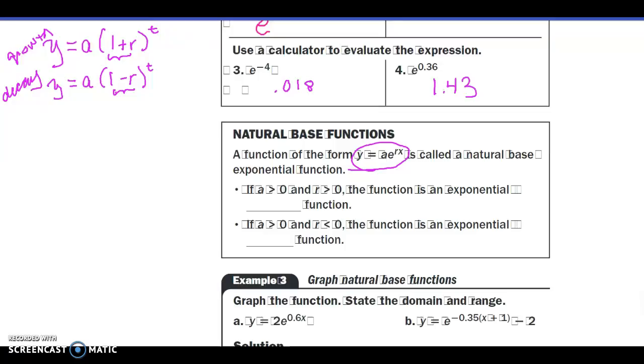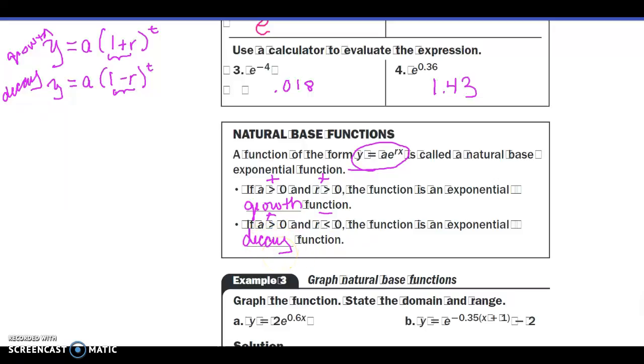So now it says if a is greater than 0, that's just a way of saying if a is positive, and r is greater than 0, if r is positive, then the function is an exponential growth function. Then, if a is greater than 0, if a is positive, but our rate is negative, less than 0, then we have a decay function.